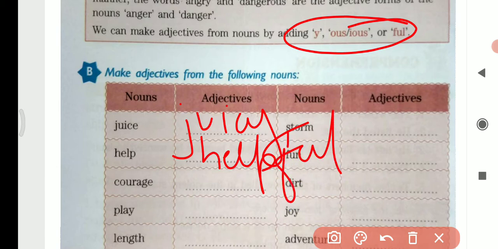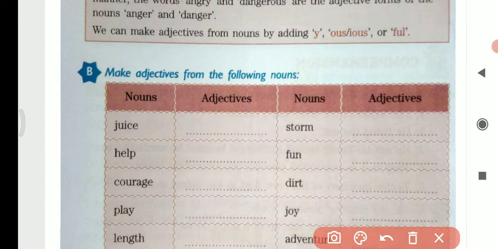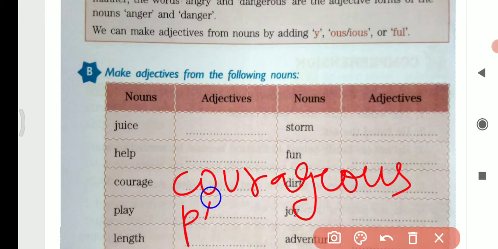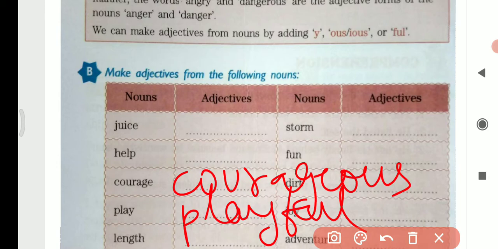Next is courage. What can be added to courage to make it an adjective? Courageous. Play, playful. Length, lengthy.